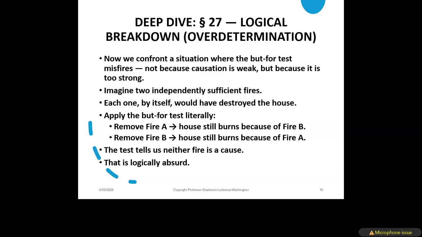So exercising the but-for cause under normal circumstances, as we would in Section 26, is going to result in neither fire, neither A nor B, being the cause. That's logically absurd.